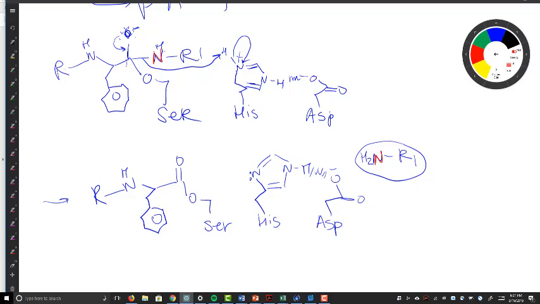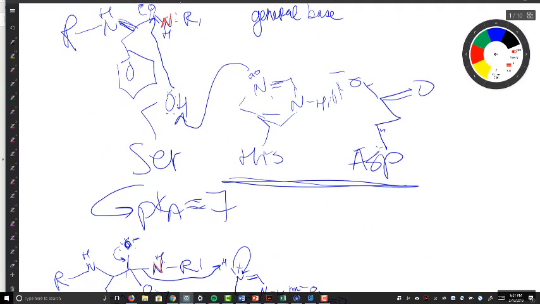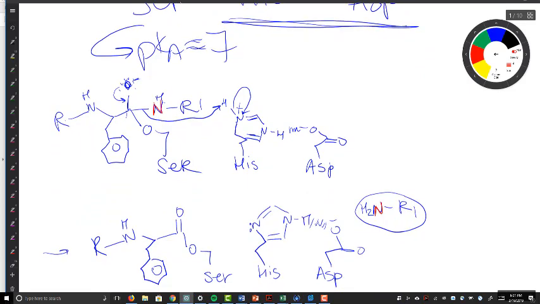By the way, on this step, what's histidine doing? What's its job there? We saw up here, the histidine is acting as a general base. So what's going on down here? If abstracting a proton is being a general base, then what's donating a proton?